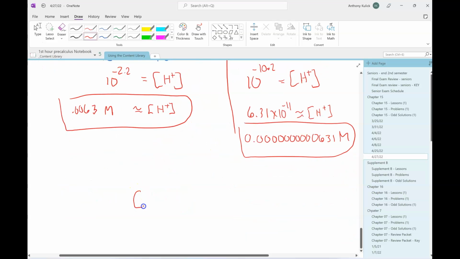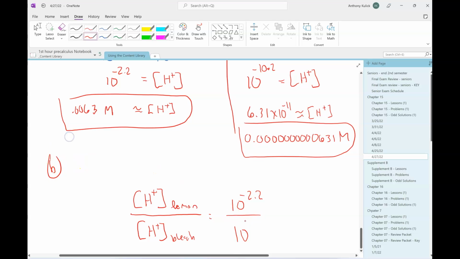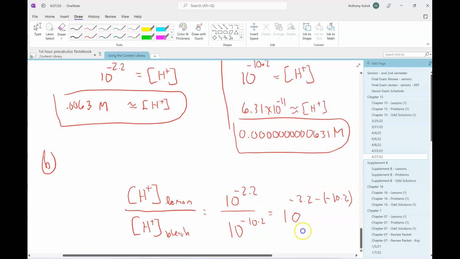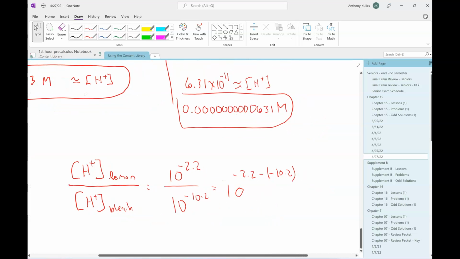So we're going to have 10 to the negative 2.2 divided by 10 to the negative 10.2.